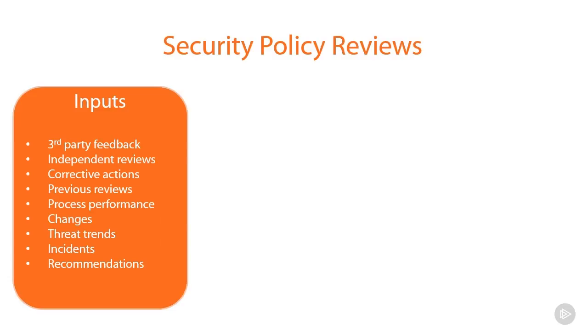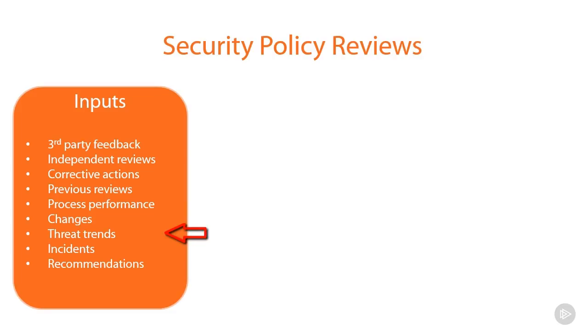The input to the management review of a policy should include information on feedback from interested parties, the results of independent reviews, the statuses of preventative and corrective actions that may have taken place, the results of previous management reviews, process performance and information security policy compliance information, changes that could affect the organization's approach to managing information security, including changes to the organizational environment, business circumstances, resource availability, contractual, regulatory, and legal conditions, or to the technical environment itself.